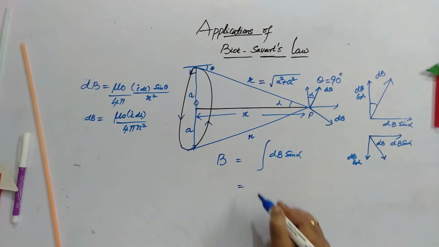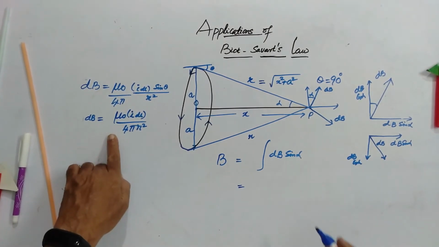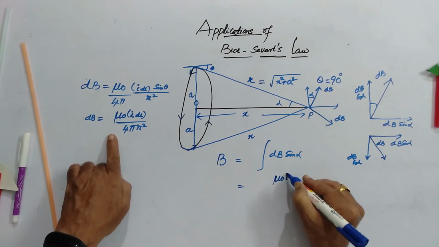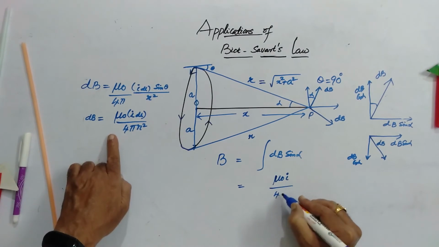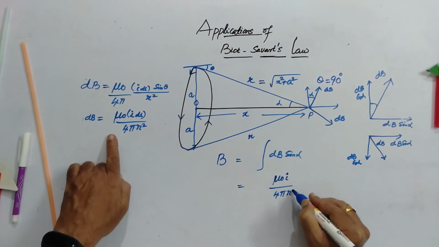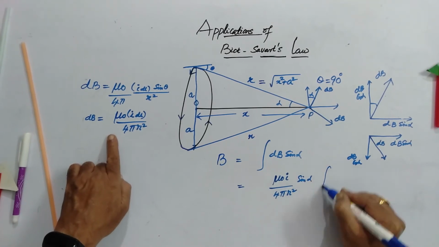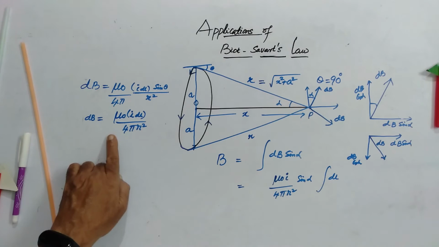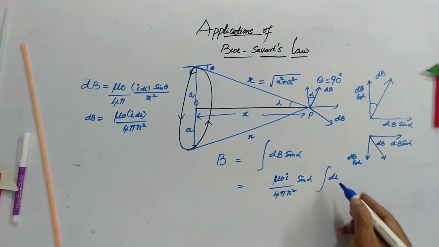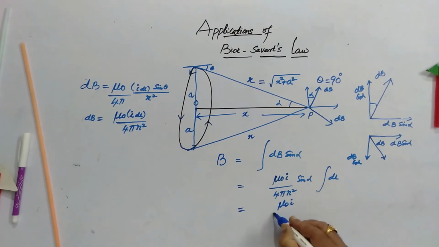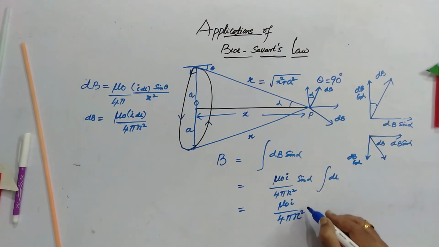Now what is dB? Already we have calculated here. That is mu naught I by 4 pi r square, this sin alpha, integral over dl. Now I can write it as mu naught I by 4 pi r square.